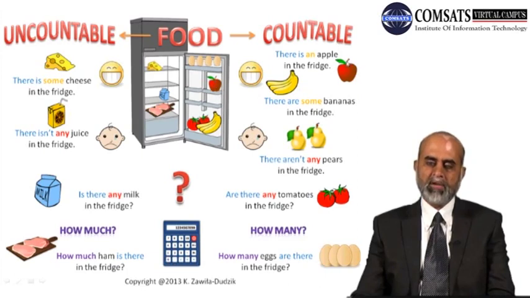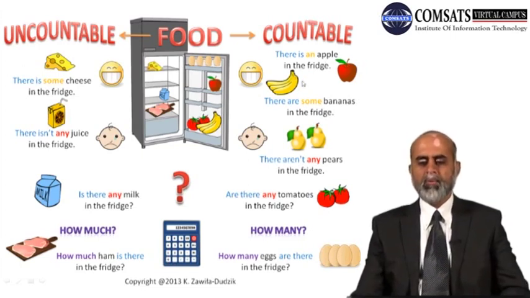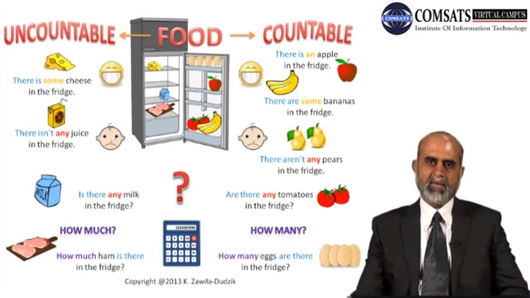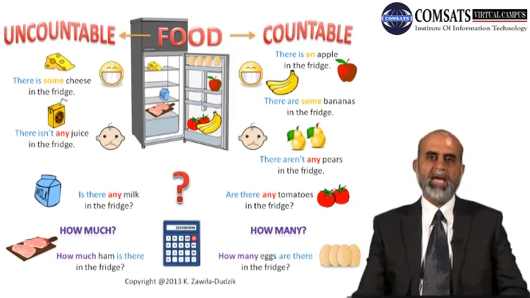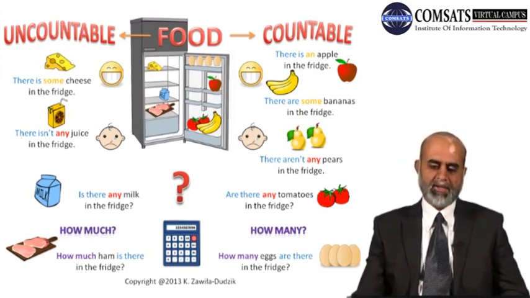Because it is singular and countable, we can use a or an with it. We can say there are some bananas in the fridge. So some is for plural and a or an is for singular. But a or an is only for singular countable nouns. We can't say there is a cheese or there is a milk, because a or an cannot come before uncountable nouns in English.